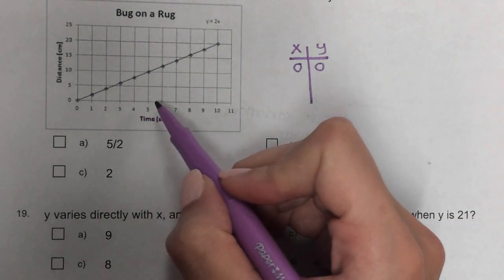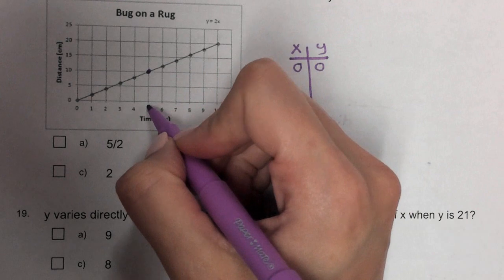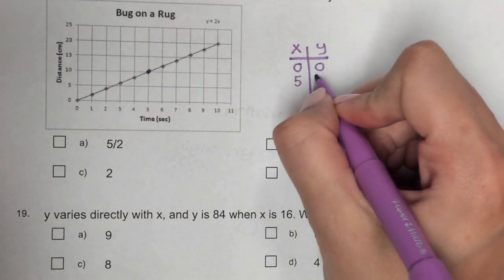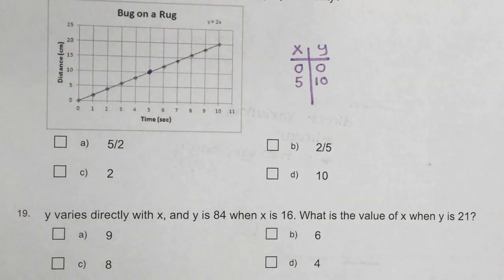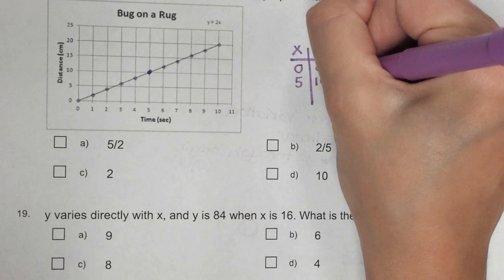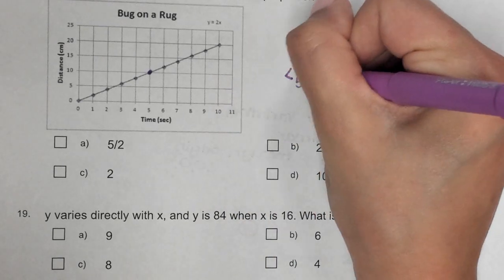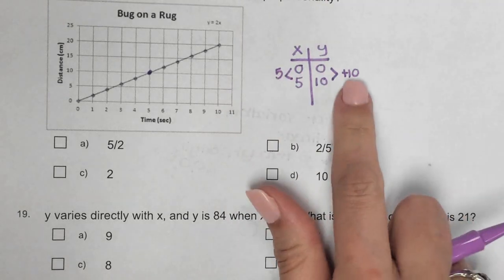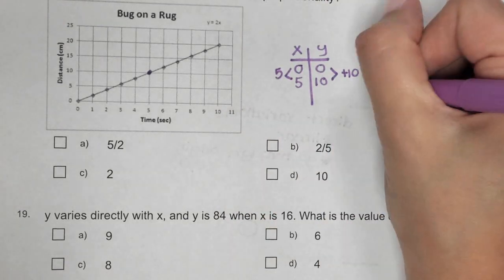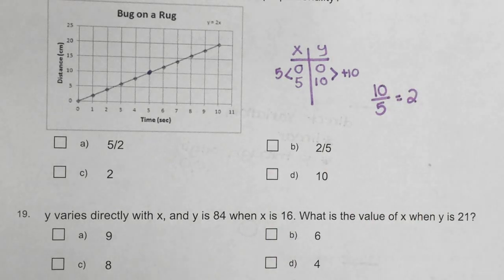And then another pretty point, something that falls exactly there, right here at (5, 10). And you could type that in your calculator. You could do stat edit, or you can think to get from 0 to 10. 10 minus 0 is 10. 5 minus 0 is 5. Y goes on top. 10 over 5 equals 2.